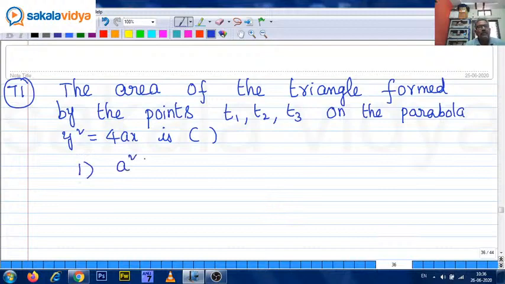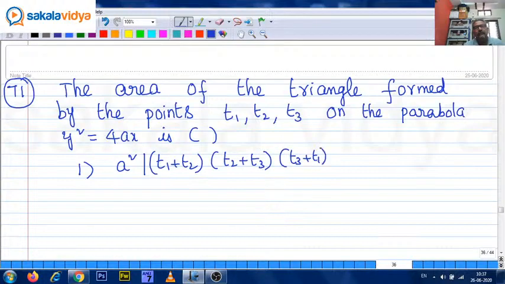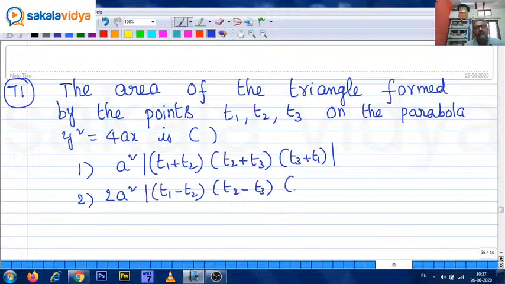a square mod of (t1 plus t2), (t2 plus t3), (t3 plus t1). Second, 2a square mod of (t1 minus t2), (t2 minus t3), (t3 minus t1).